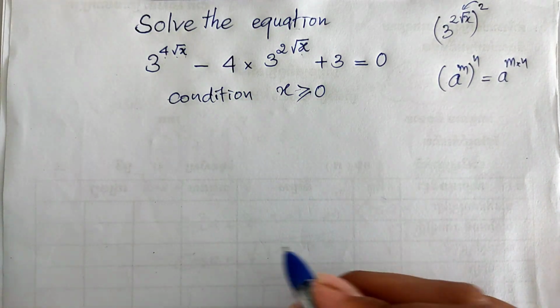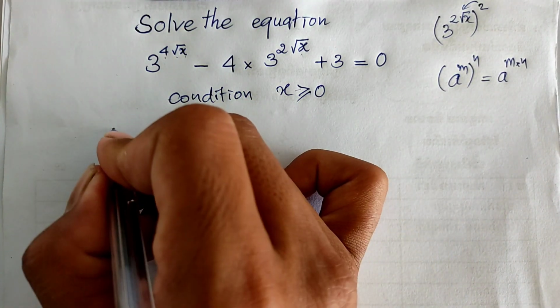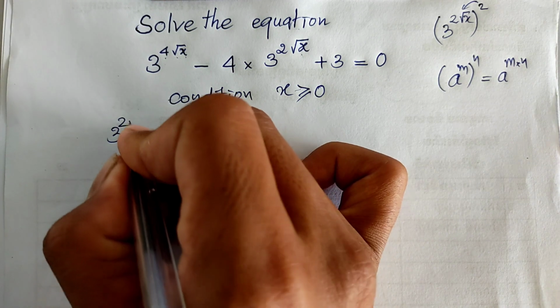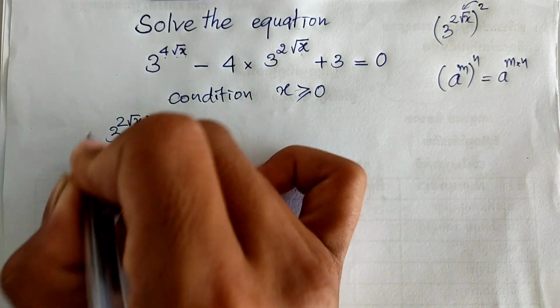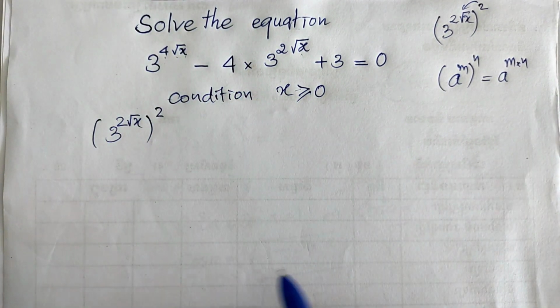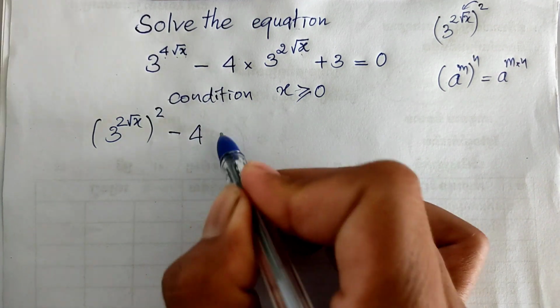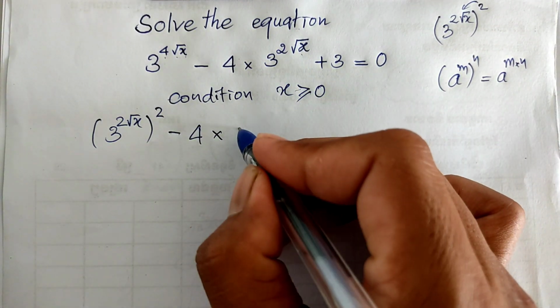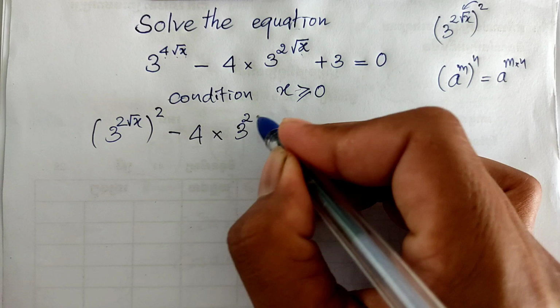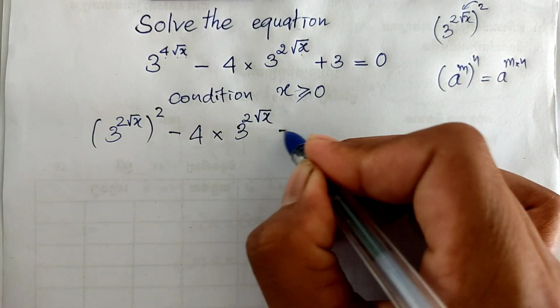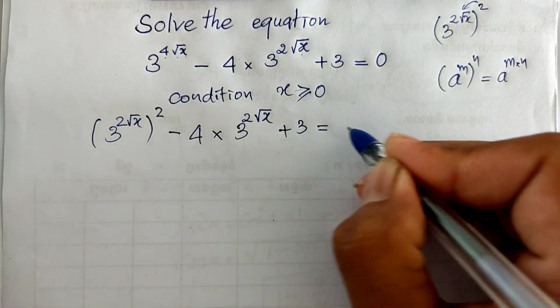So this equation we can write as 3 power 2 square root h all squared, minus 4 multiply 3 power 2 square root h, plus 3 equals 0.